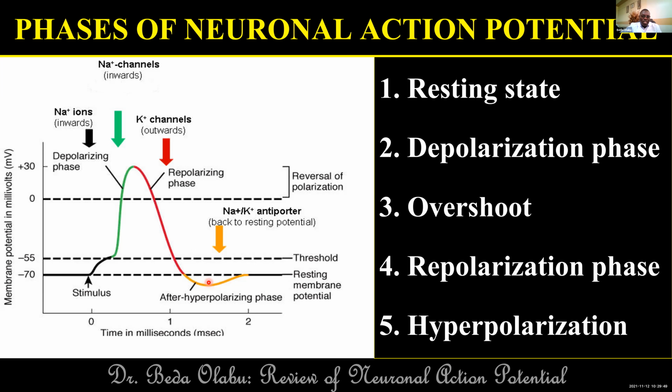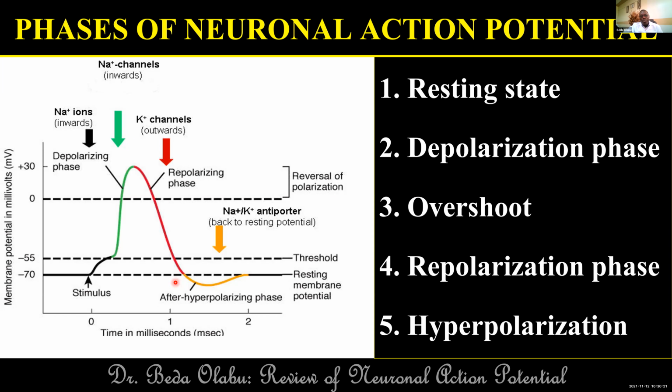The hyperpolarization phase is particularly unique to neurons because it's a period of sustained opening of the voltage-gated potassium channels beyond -70 millivolts. If you remember the physiology of an action potential in neurons, we said that the voltage-gated potassium channels close at -80.